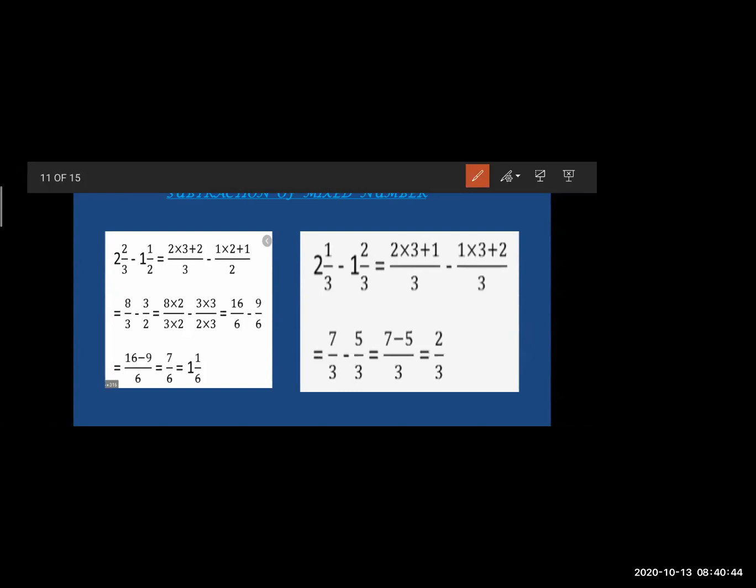So here you have 2 1 upon 3 minus 1 2 upon 3. Both the denominators are already same. We have converted a mixed number into an improper fraction. 2 1 upon 3 is converted to 7 upon 3. 1 2 upon 3 is converted to 5 upon 3. Here the denominators are equal. We only have to subtract the numerators.